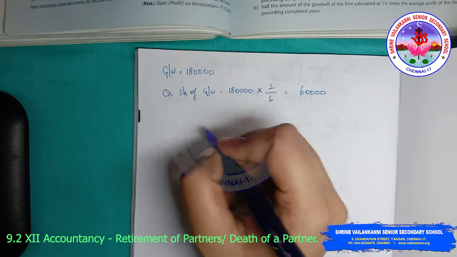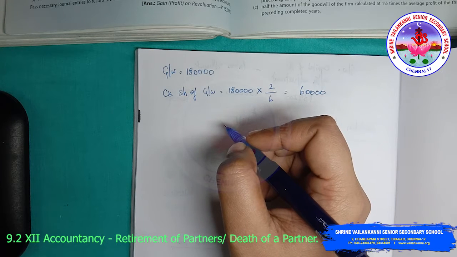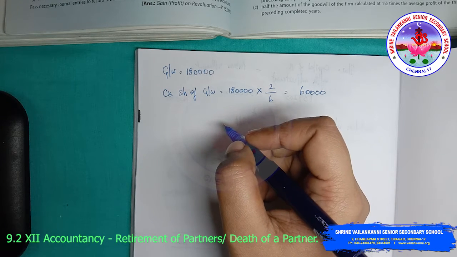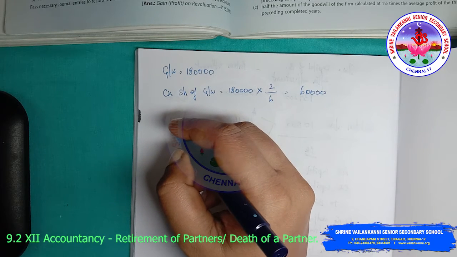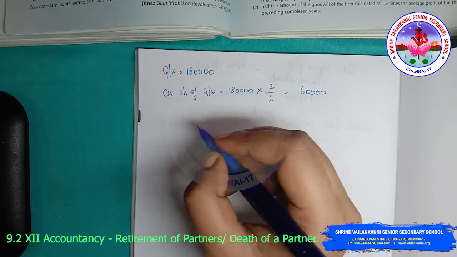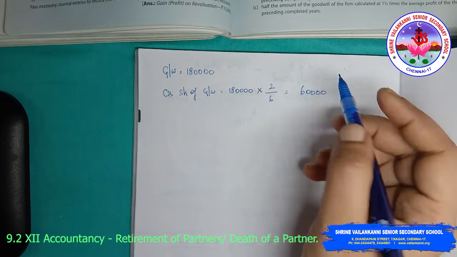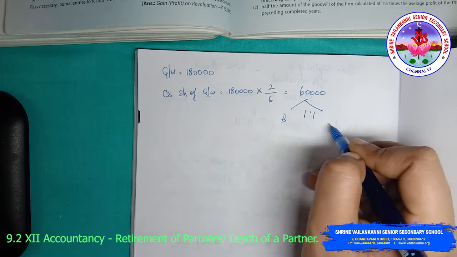Now C's share of goodwill is to be debited to remaining partners' capital accounts in their gaining ratio, which is for B and D, 1:1.